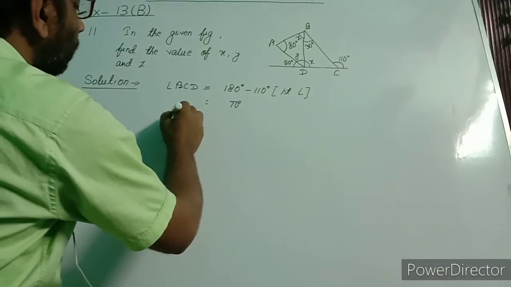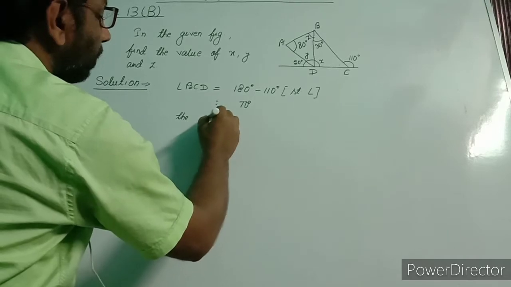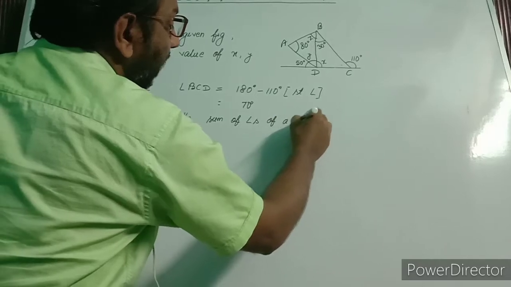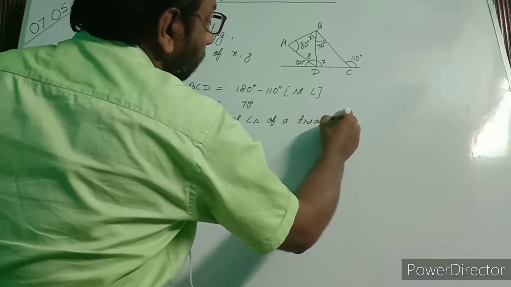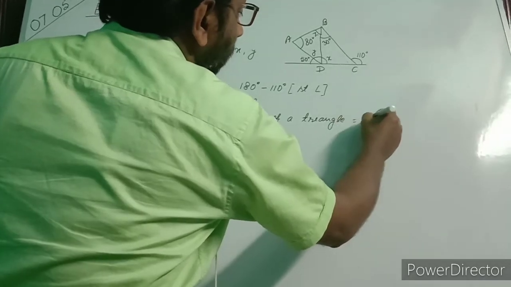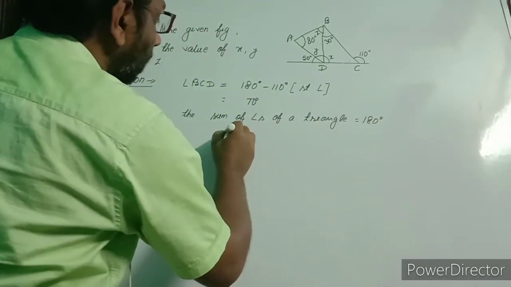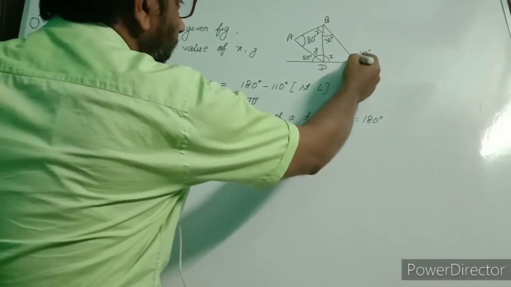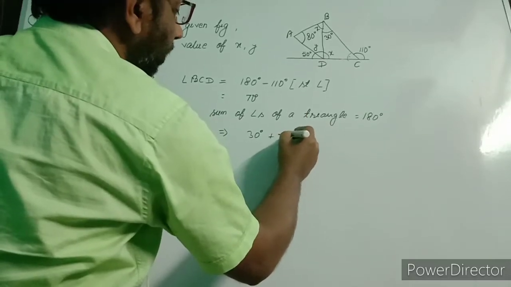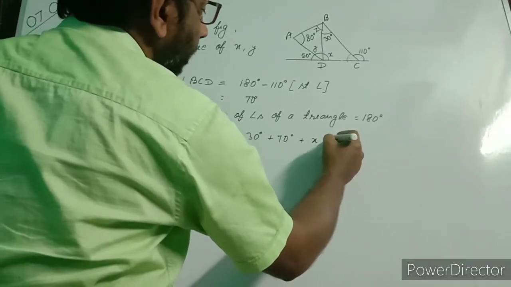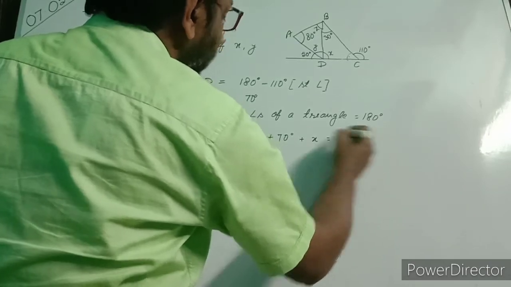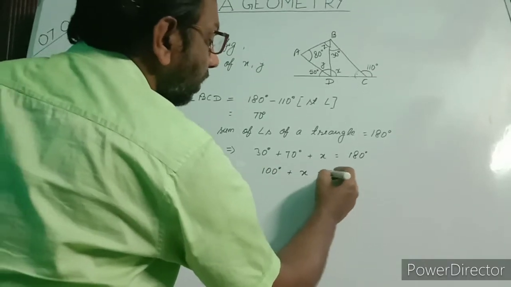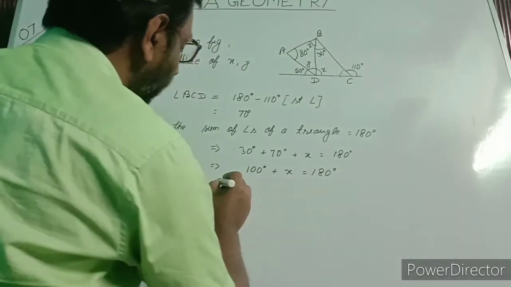So we know the sum of angles of a triangle equal to 180 degree, implies that 30 degree, this angle we have got 70 degree, plus x equal to 180 degree. 100 plus x equal to 180 degree.